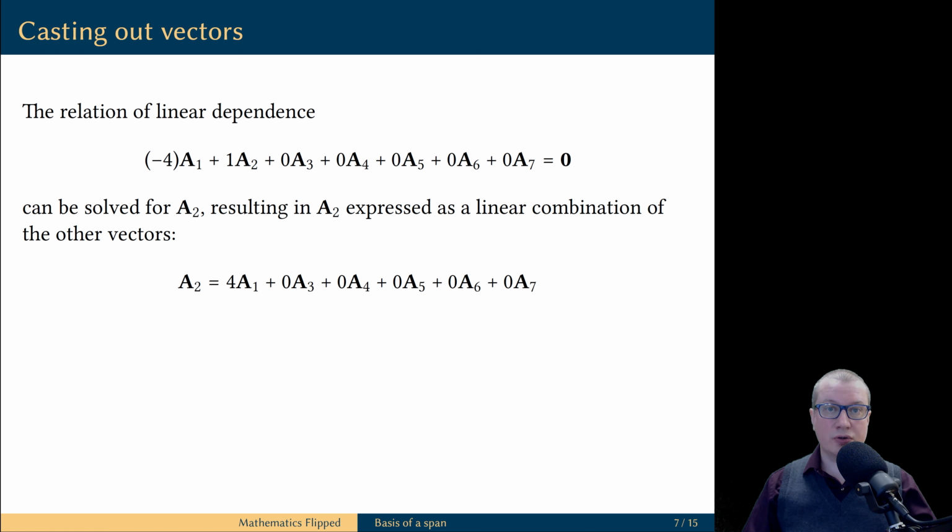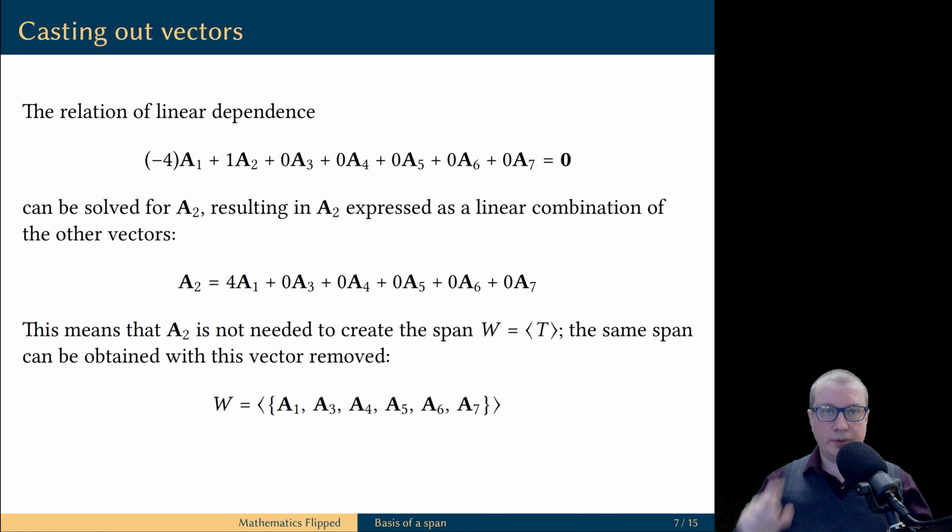This means we can solve this equation for the vector a2. In one of the previous videos, we discussed that this means we do not need the vector a2 to describe the same span W. Therefore, we can discard this vector and still obtain the same span.